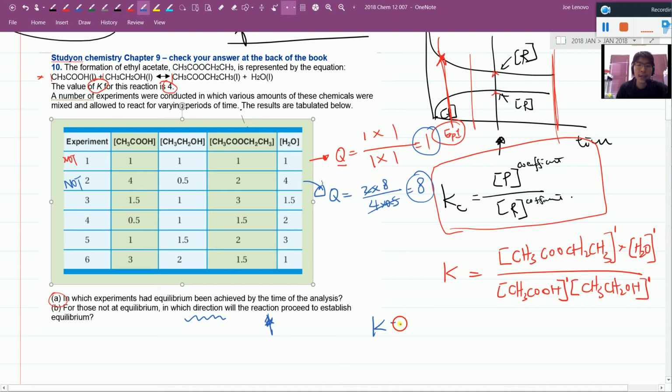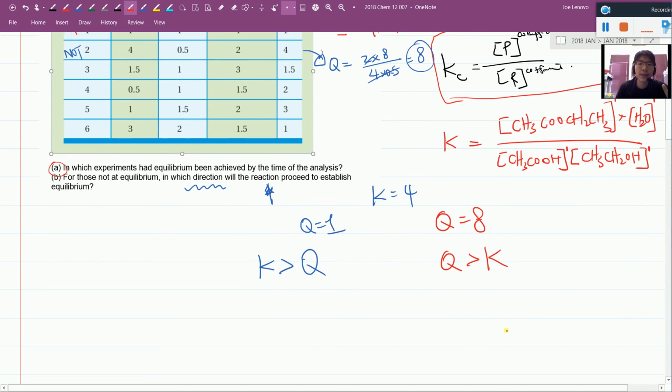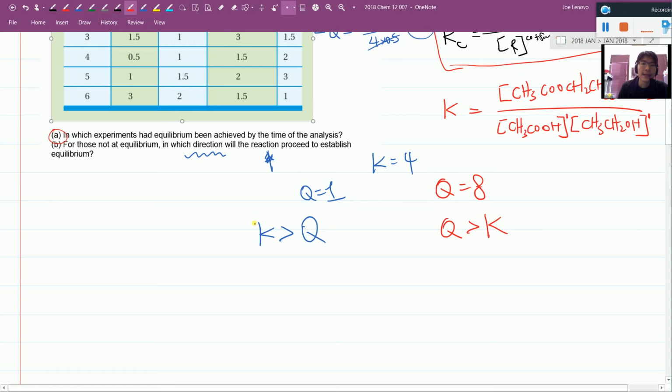If K equals 4 and Q equals 1, that means your K is bigger than Q. On the other hand, if you have Q equals 8, that means your Q is bigger than your K. So there are two situations, and we have to know one thing: if K is bigger than Q, does that make the reaction go forward or backward?